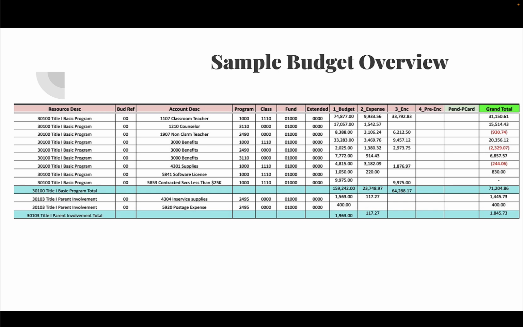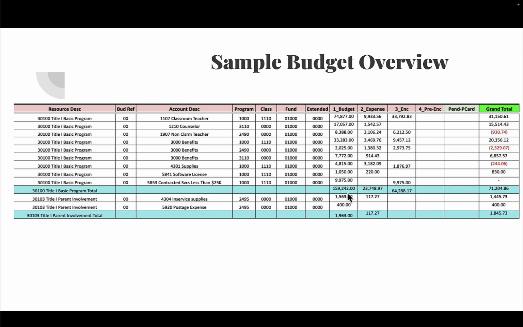So you see here, we have the two resources, Title I Basic and Title I Parent Involvement. And then within those two resources, we have the different accounts. So we have two drawers here. In the top drawer, we have several accounts and those hanging files. And then in the bottom drawer, we just have these two hanging files down here.